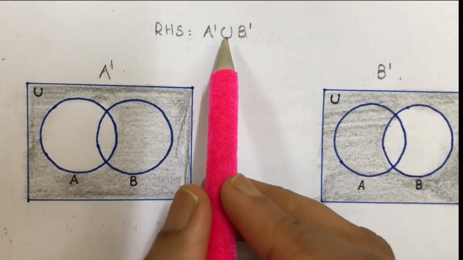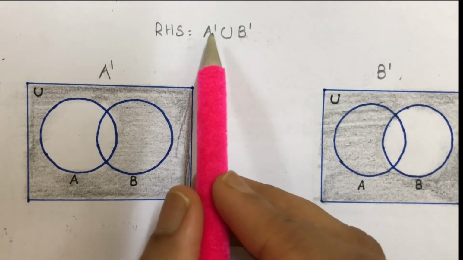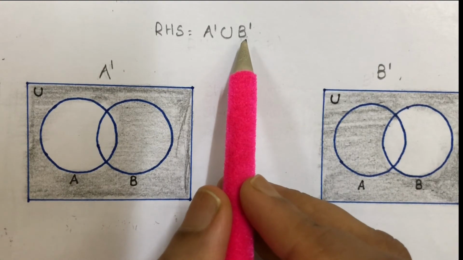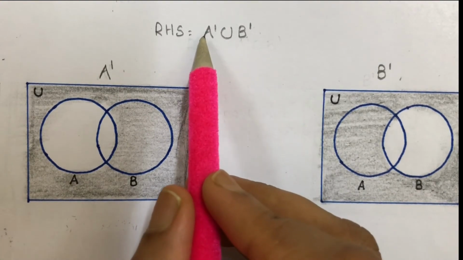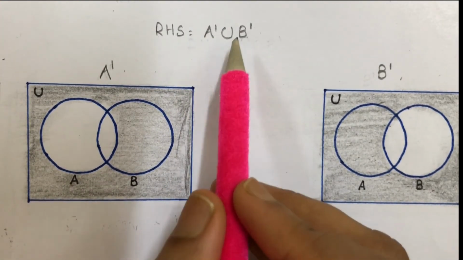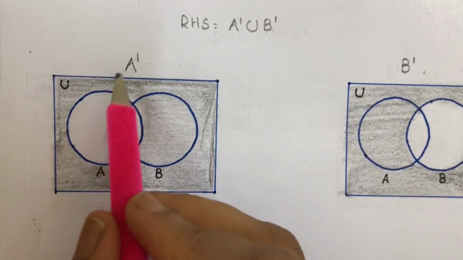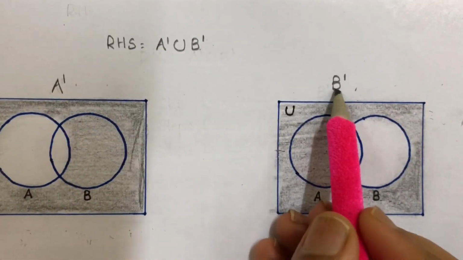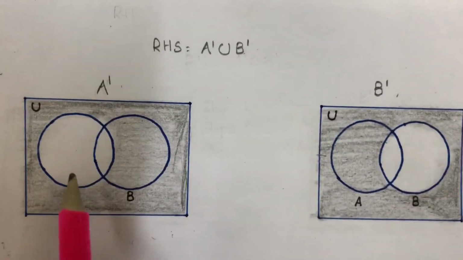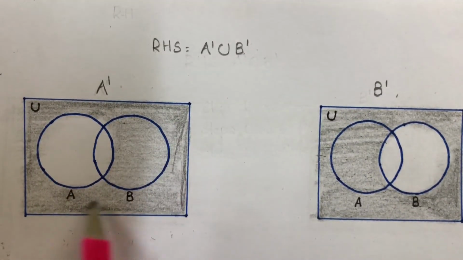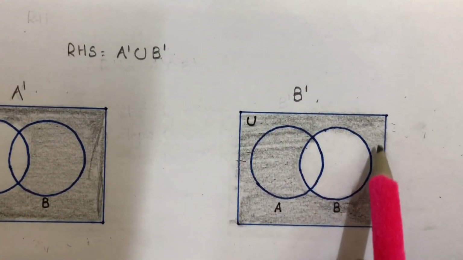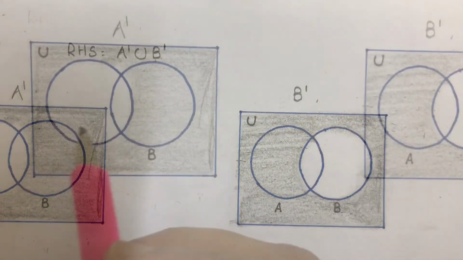By definition, union of two sets includes the elements which are in either set. That is A complement union B complement means all the areas of A complement and B complement.